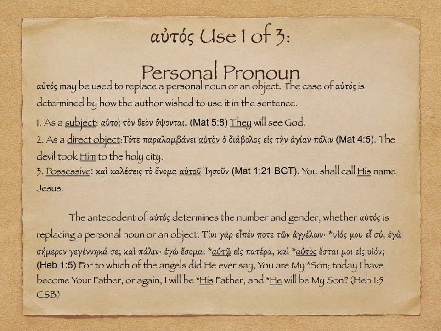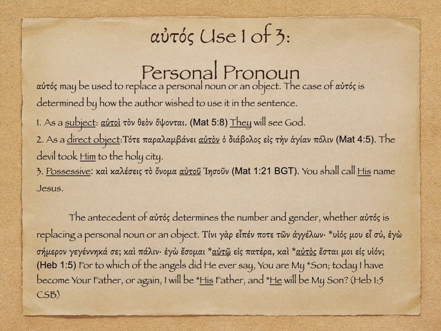Possessive: kai kaleseis to onoma autou Iesoun. You shall call his name Jesus. Autou, possessive of onoma. How would you parse autou? It would be genitive singular, and we would have to parse it as masculine or neuter because the form could be either way.